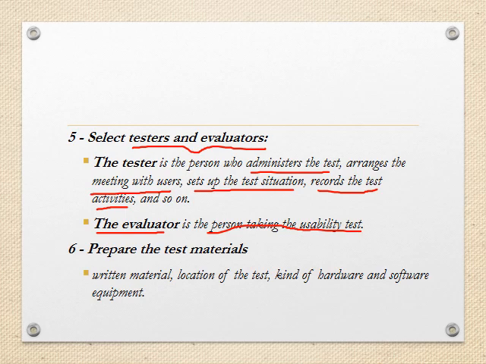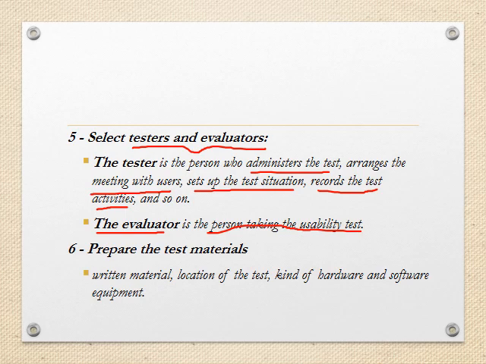Now the evaluator can be, first, the actual user, chosen because they have some degree of subject matter knowledge. If the evaluator is the real user, they have some knowledge about the product we are trying to test.